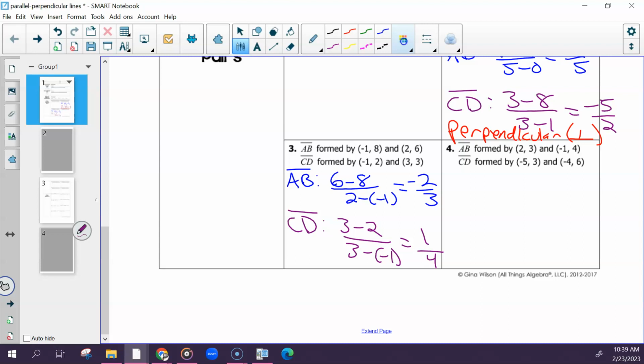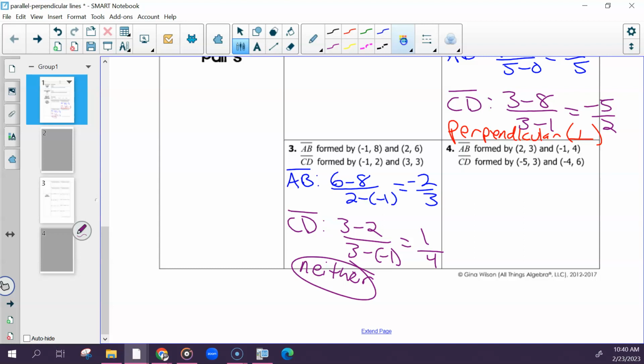Are these slopes parallel, perpendicular, or neither? Neither. They're not the same, so they're definitely not parallel. One's negative and one's positive. For perpendicular, yes, but they're not flipped of each other, so they're neither. Some other neither cases: if they had the same number, like 2/3 and negative 2/3, those would be neither because one's negative.